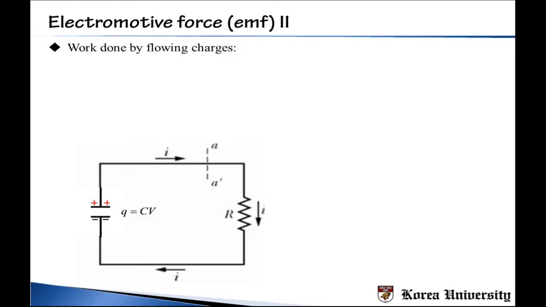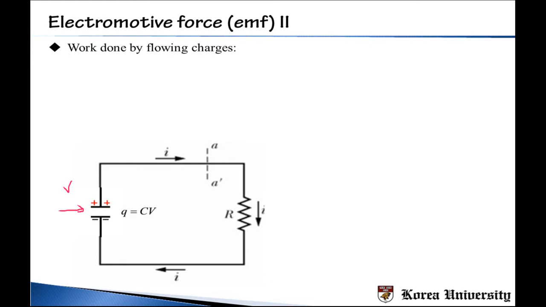Okay, and then let's try to apply the same idea to the case of work done by electric charges or electric potential. In this figure, we have a capacitor charged with a certain amount of electric charge, Q. The original symbol of the capacitor does not have plus and minus signs, but here it suggests that it's already charged by a certain amount of electric charge.